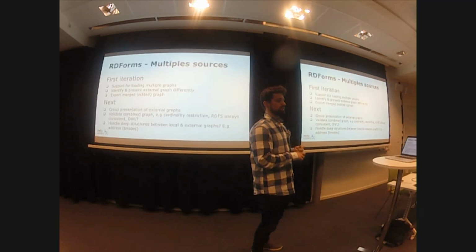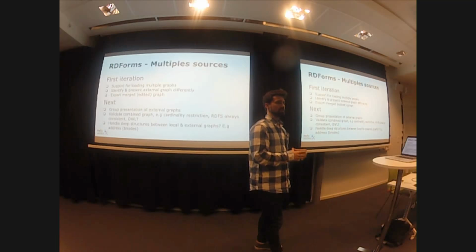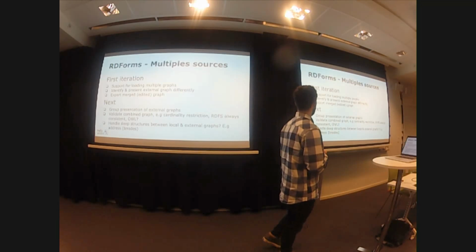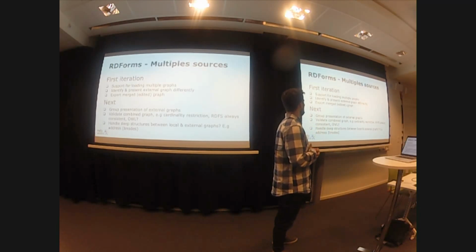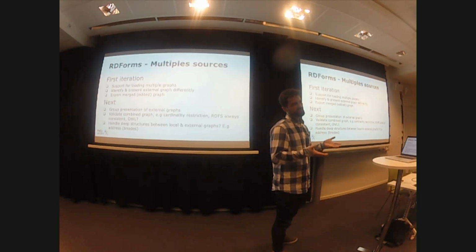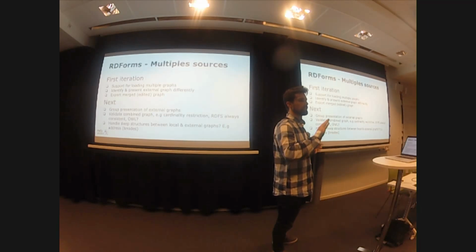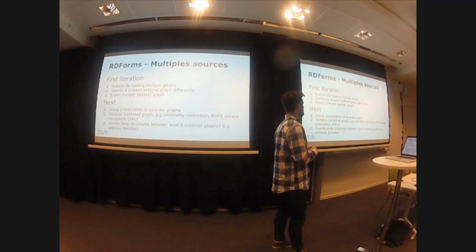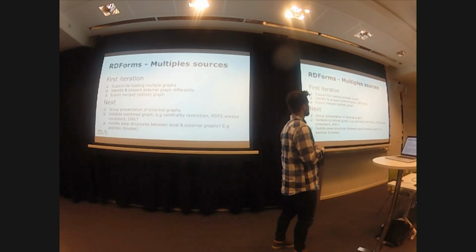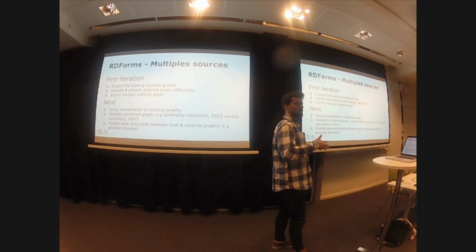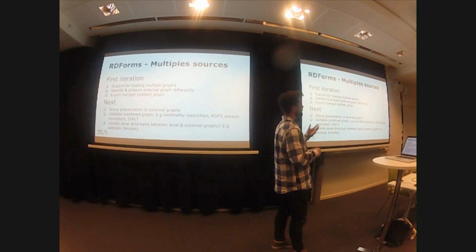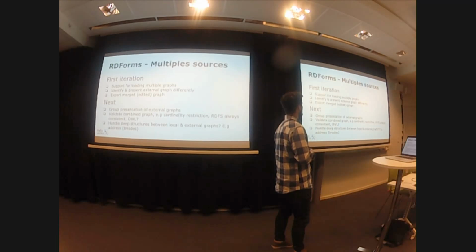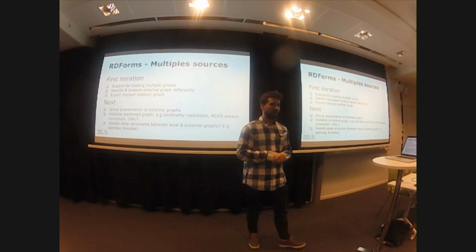We can load one or more external graphs in RDF. We presented them slightly differently. They are not editable. They are a bit grayed out, so it shows that the origin is not the local source that we're editing, and also you can check the source as well. And we can export that as a newly created graph.